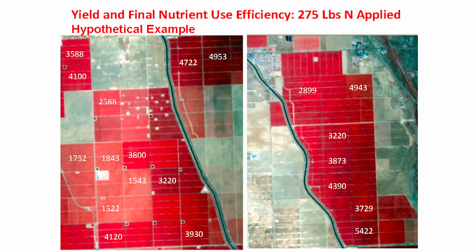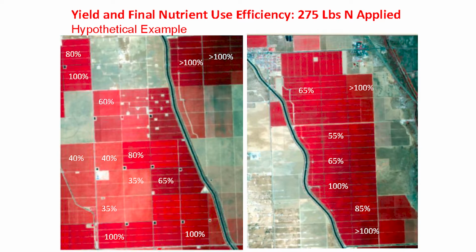If I apply 275 pounds to all of these orchards, what do you think happens? That's what happens with the nutrient use efficiency. You will have some orchards that are going to be above 100% efficient, and other orchards are going to be below 35% efficiency. Is that good?